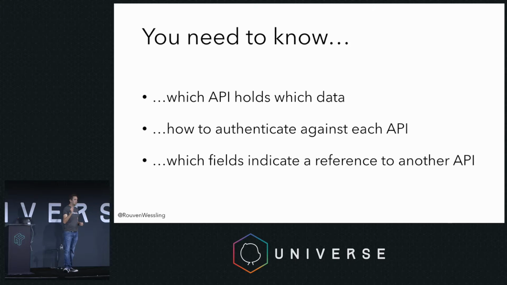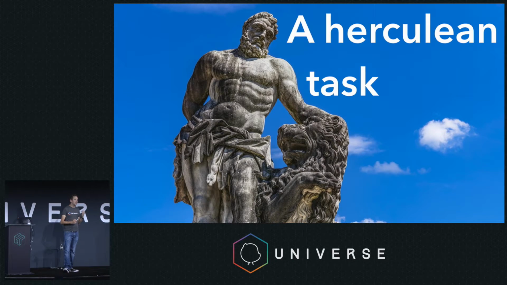And crucially, which fields in my API responses indicate a reference, a foreign key in database speak, to another API? And then how do I find that API? How do I resolve that? With 25 APIs in a project, that's a lot of complexity. And knowing all of this is quickly a Herculean task.